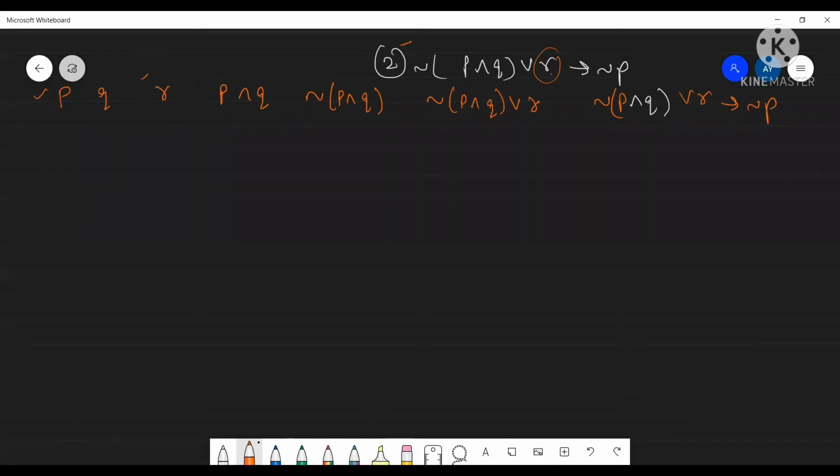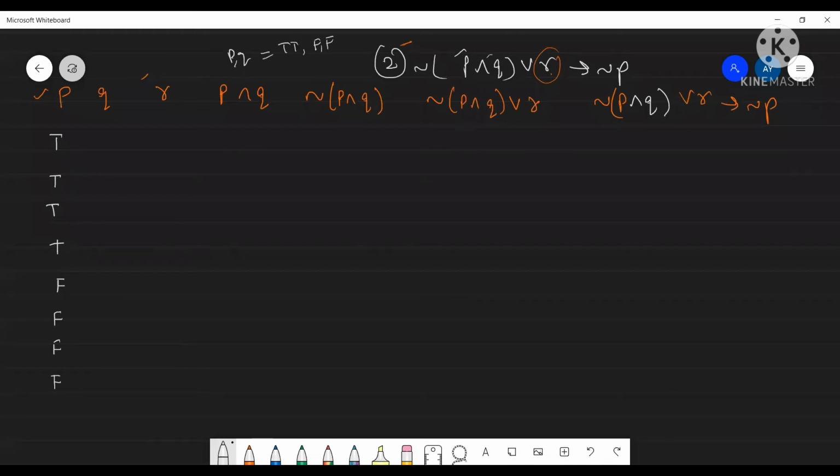As we have three parameters over here, now you have to write the truth table. So how do you write the truth tables? In the earlier one, we just had 2 truths and 2 false. Here you have to make use of 4 truths and 4 false. That is true, true, true, true, and F, F, F, F. Why are we using 4? Because we have P, Q, R over here. Earlier we just had P and Q, so we just took true, true and false, false.